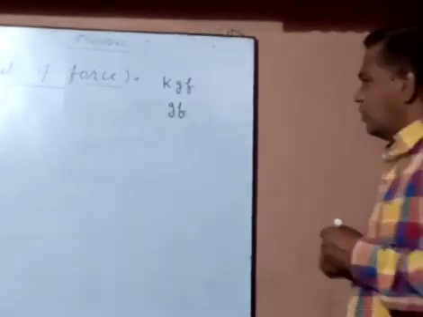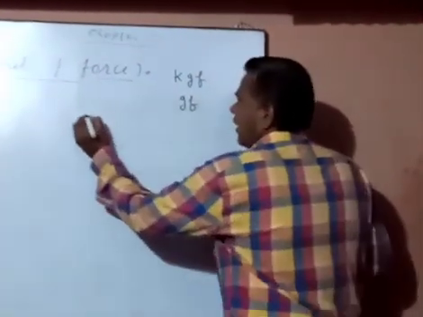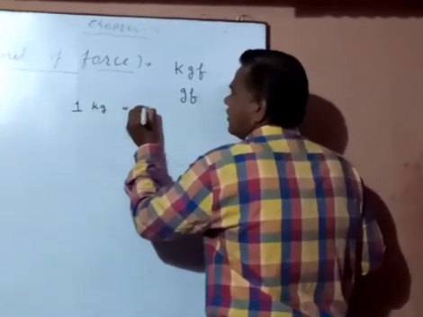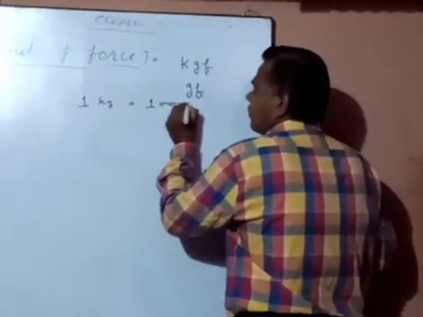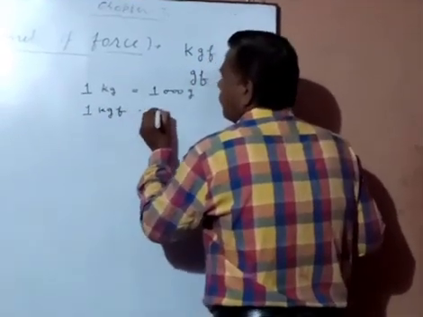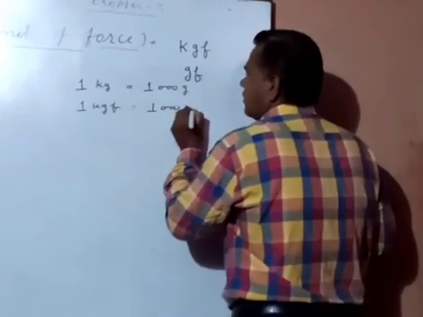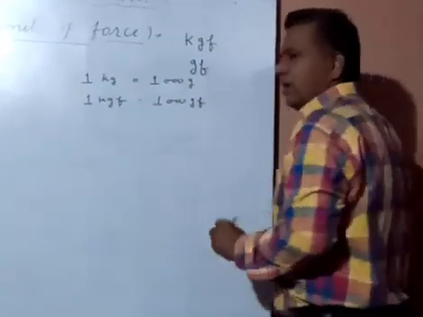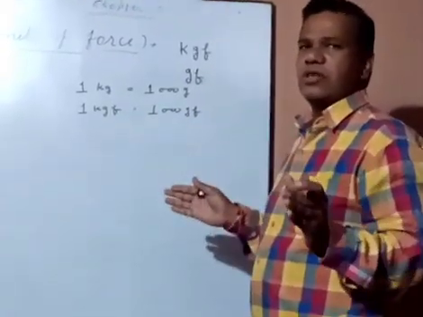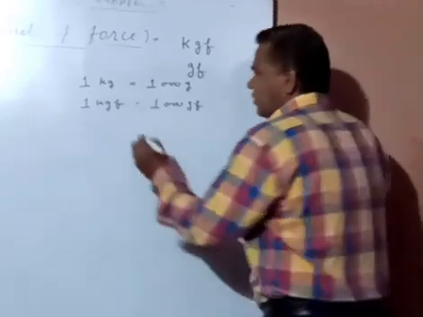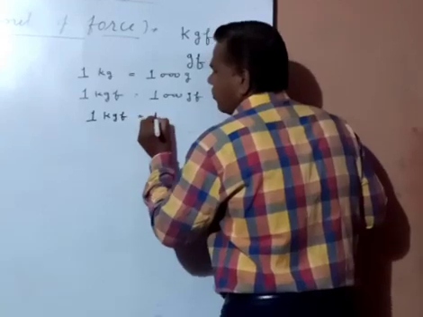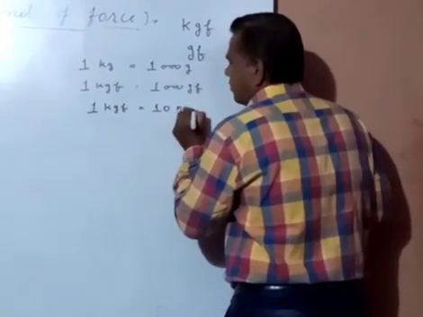So in short, we write 1 kg equal to 1000 gram. So 1 kgf equal to 1000 gram force. And we know that in the international system the SI unit of force is Newton. So here we write 1 kgf equal to 10 Newton.